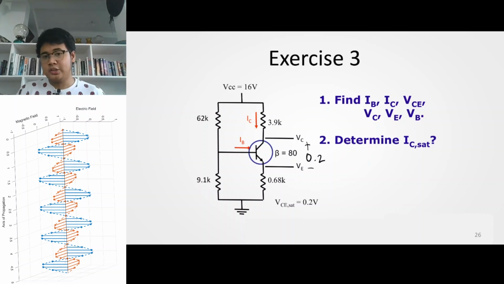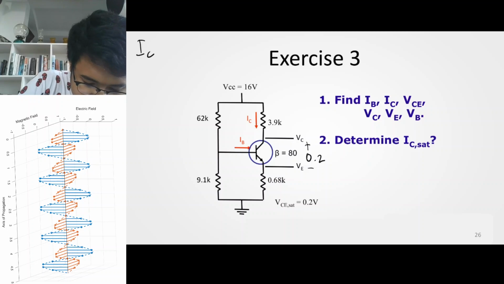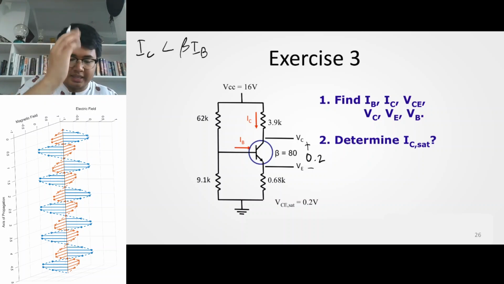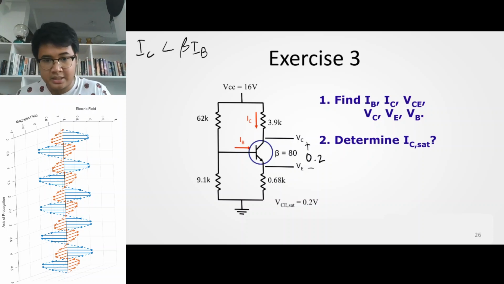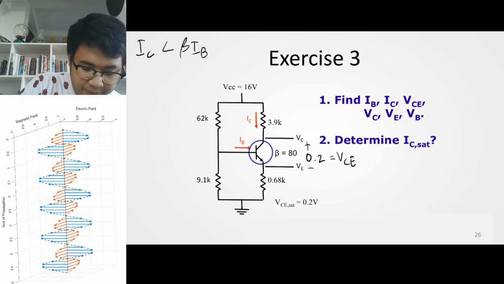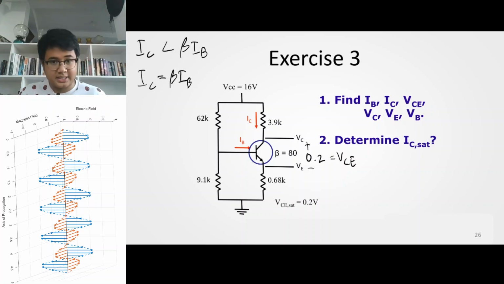Note that during saturation, IC is less than beta times IB. But at exactly the boundary, there's a point where IC is still equal to beta IB, but VCE is already at 0.2 volts. So we let IC be equal to beta IB in this case.